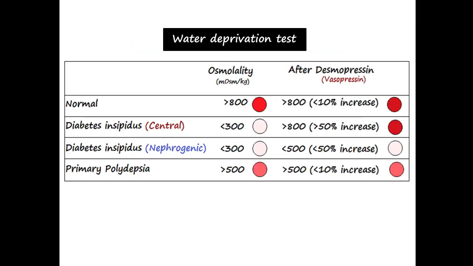Now, for making the diagnosis of diabetes insipidus, we listen to the patient's signs and symptoms: polyuria, polydipsia, and effects of increased blood osmolarity on the central nervous system in the form of confusion and fatigue and other effects.